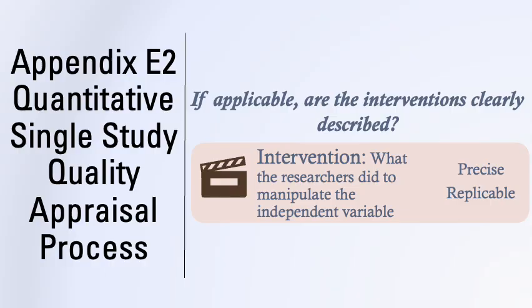If the study was interventional, then you need to appraise the clarity of the intervention. Remember, the intervention is what the researchers did, or in other words, how the researchers manipulated the independent variable. When appraising the clarity of the intervention, consider how well the researchers described their process. A clearly described intervention should be precise enough that it could be completely replicated.